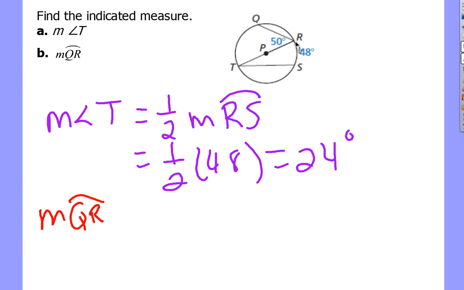But you notice you don't see an inscribed angle that goes along with it. So let's think about what we can use to fill in some missing pieces. Let's take a look at this arc right in here, arc TQ, the measure of arc TQ.